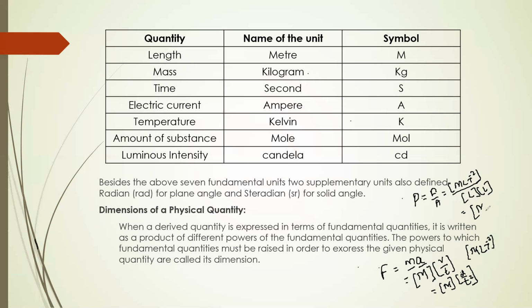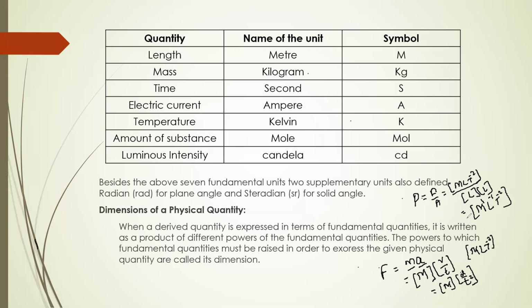M to the power 1 only. L to the power, denominator 2 is there, numerator 1 is there, so 1 minus 2, it is minus 1. t raised to minus 2. That is M raised to 1, L raised to minus 1, t raised to minus 2, the dimensional formula for pressure.